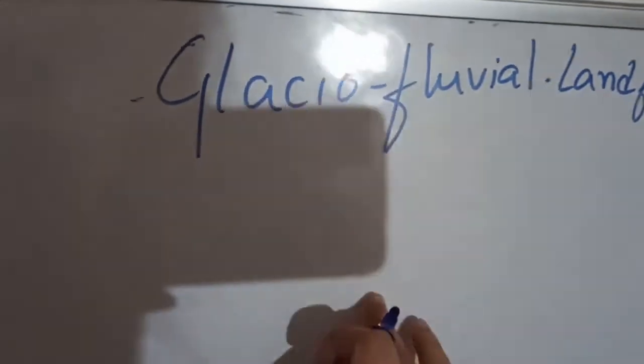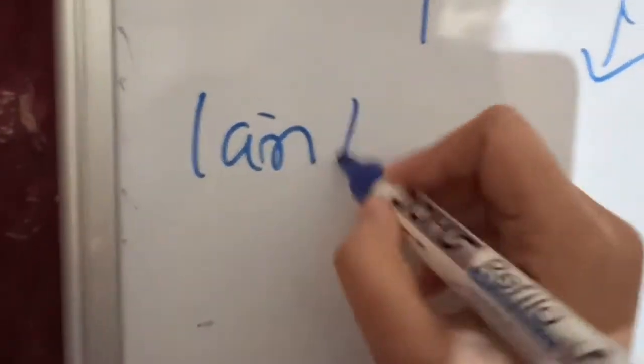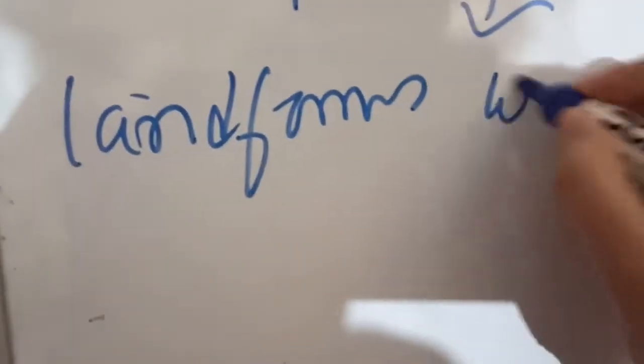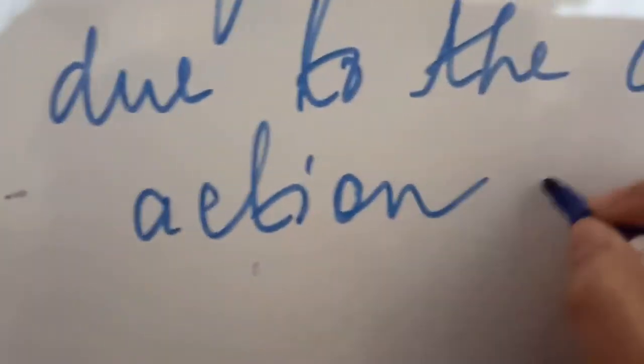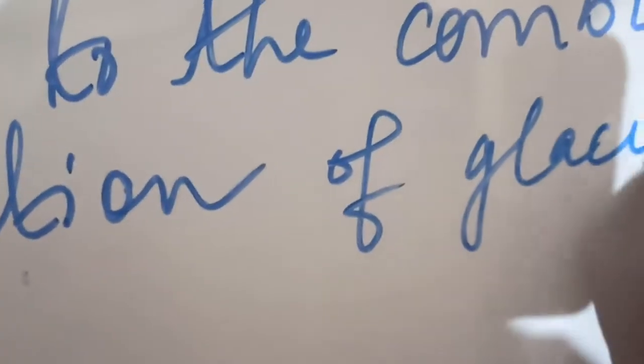Today I am going to continue with the glacial fluvial landforms. In the previous videos I have discussed the glacial landforms formed by erosion and deposition. So the glacial fluvial landforms are the landforms which are formed due to the combined action of glacier and river.